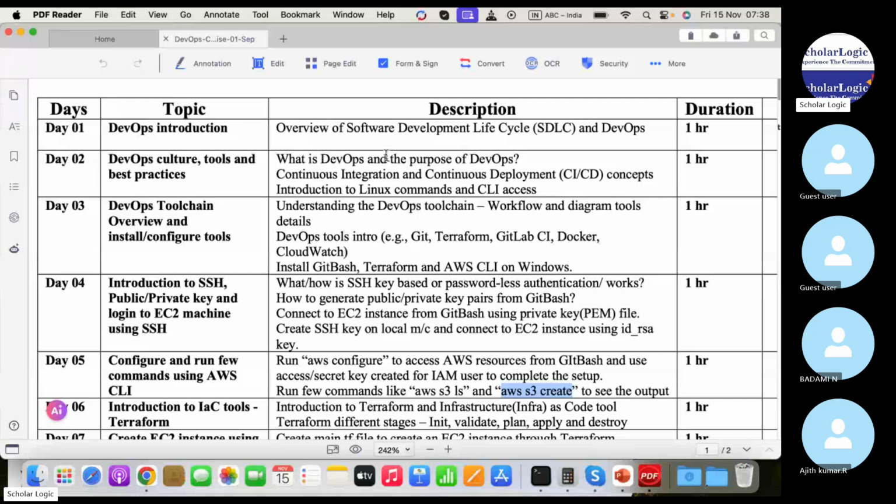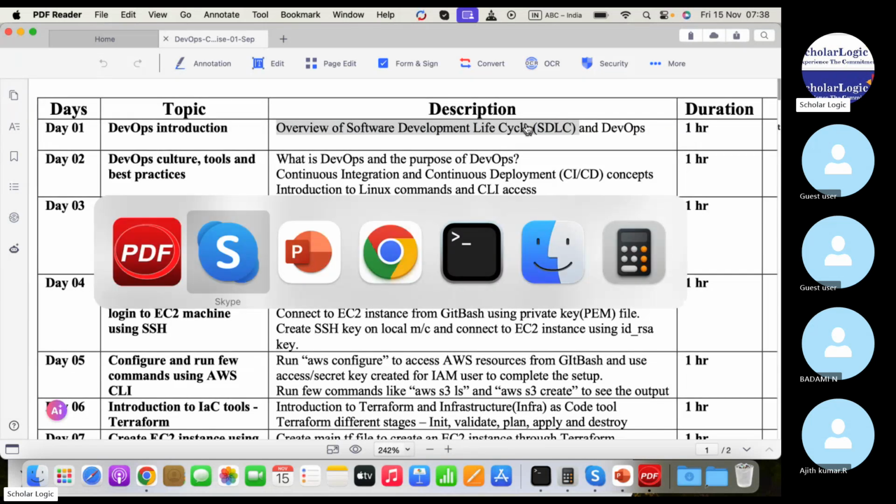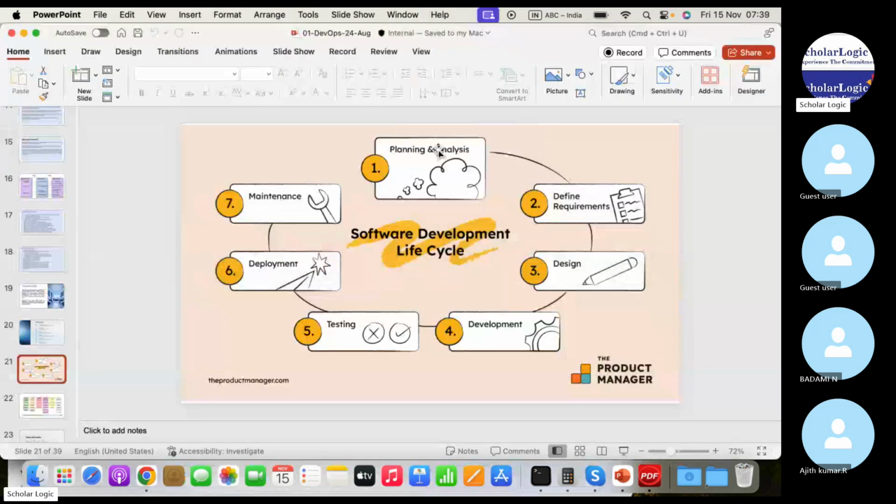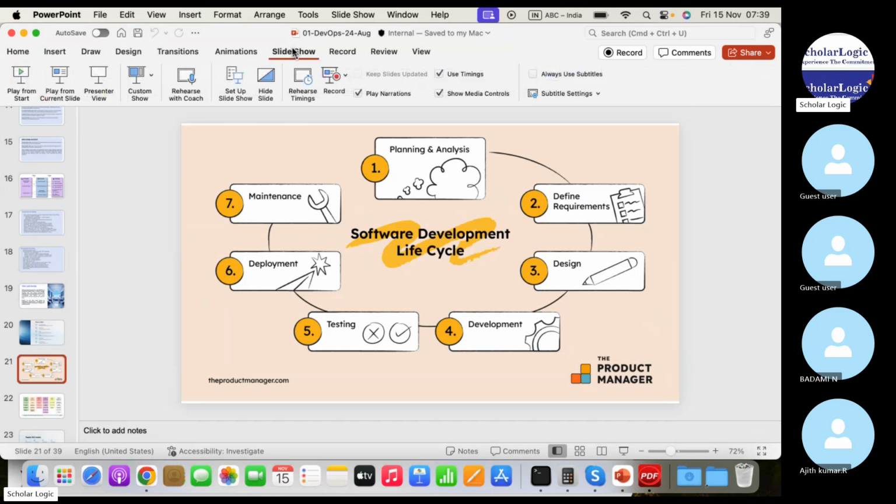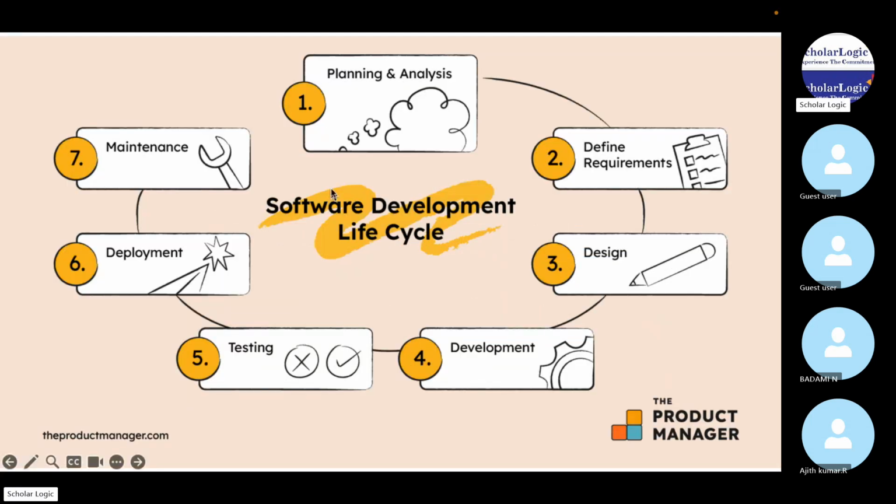Okay. So we'll take a look at the software development lifecycle that we saw in the first class. Like I said before, every development starts from planning and analysis, or requirements gathering.